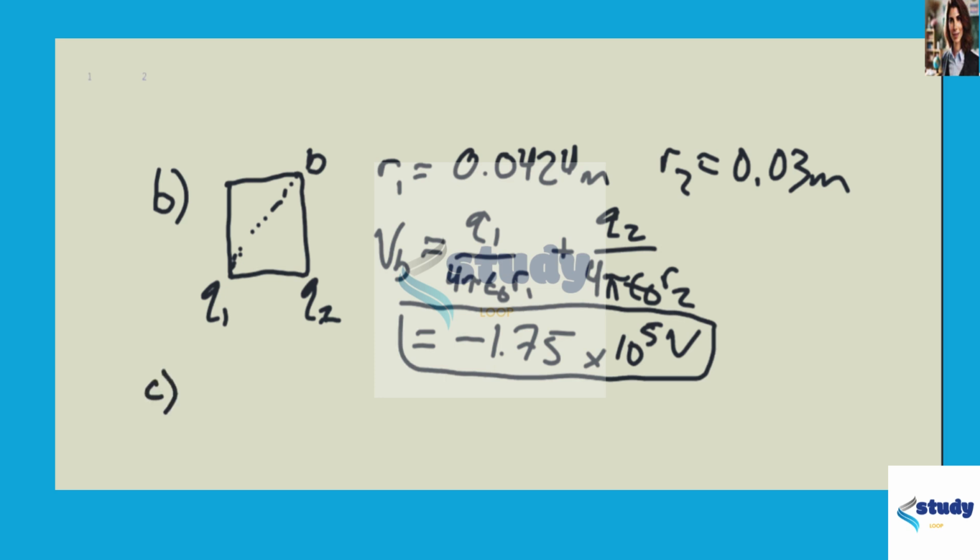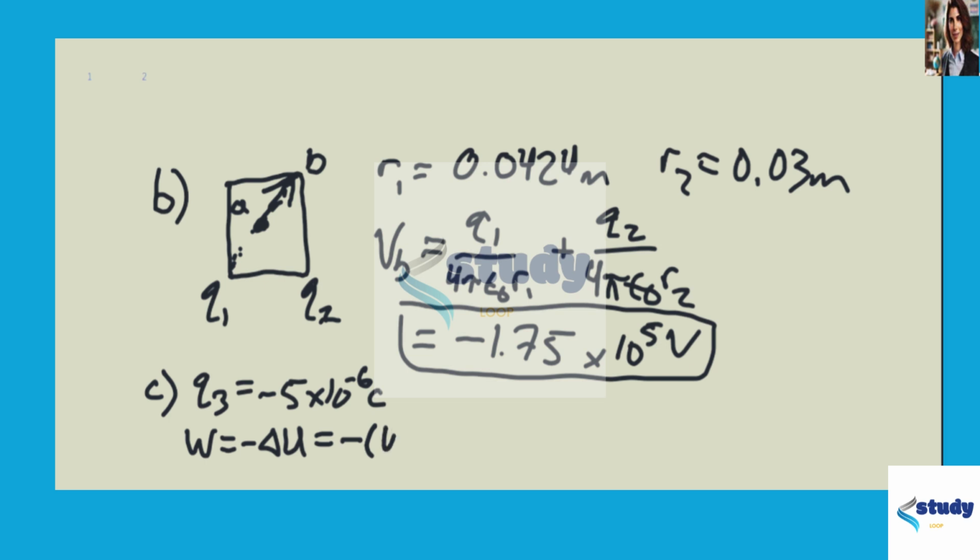Now in part C, we're going to have a point charge Q3 equal to negative 5 times 10 to the negative 6 coulombs. And it's going to travel from point A here up to point B. Okay? And we want to figure out how much total work is done as that point charge is moving from A to B. So we can simply remember that work is equal to negative delta U. So this will be equal to negative U final, which is UB, minus initial, which is UA.